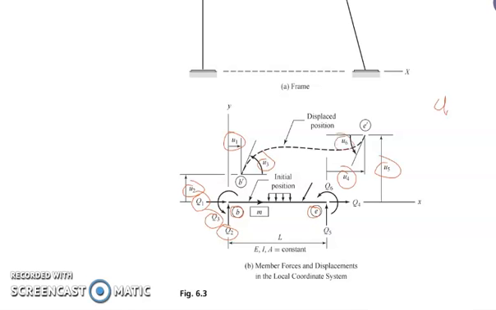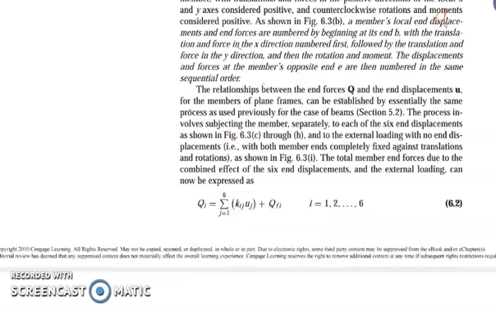So for every member of a plane frame, there would be 6 forces induced at both ends of the member, and there will be 6 member end displacements at both ends of the member. So 6 U and 6 Q for the plane frame in the local coordinate system. There will be 6 member end displacements and 6 member end forces in the local coordinate system for a plane frame.